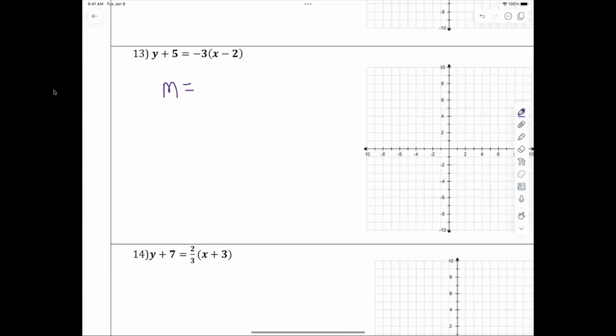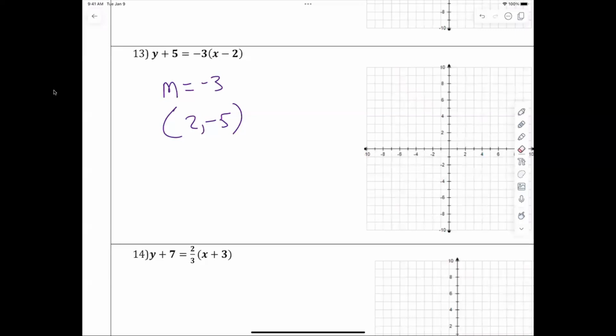M equals -3. The point is, you are amazing. That's it. Mr. Williams, you okay with that? It's always the opposite, right? When you're grabbing the point, it's always the opposite.